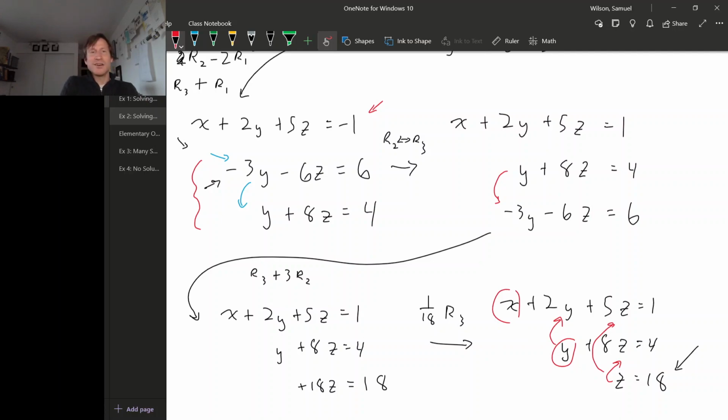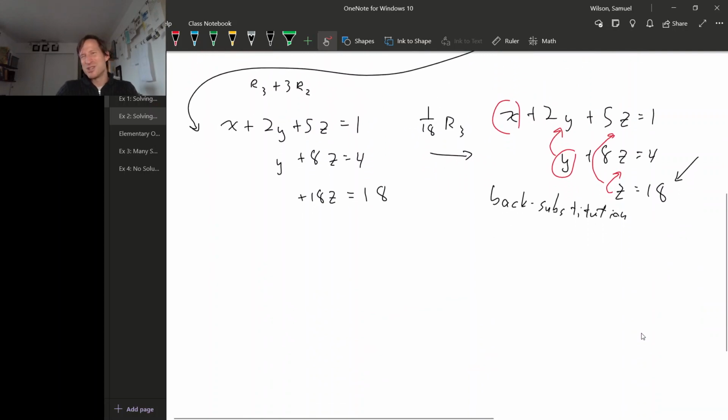This process of, once you know one variable, rolling it back up to the previous variables, is called back substitution. We could also continue to use row operations like we did in our last example, but back substitution, if what you really want is a solution to the system of equations, is usually a little easier.